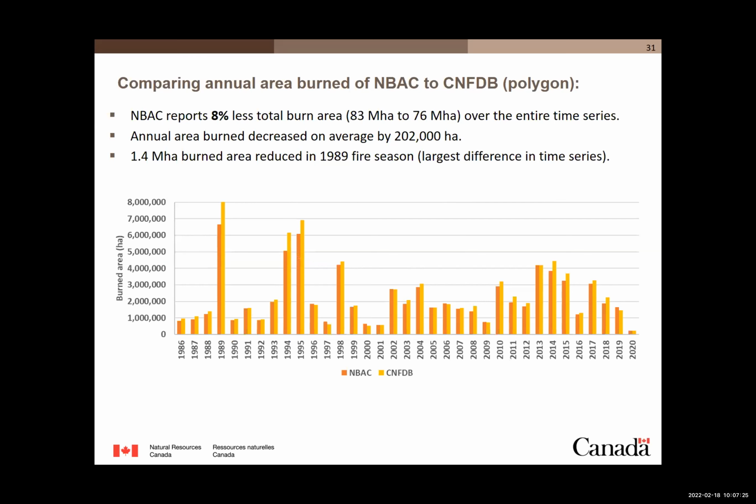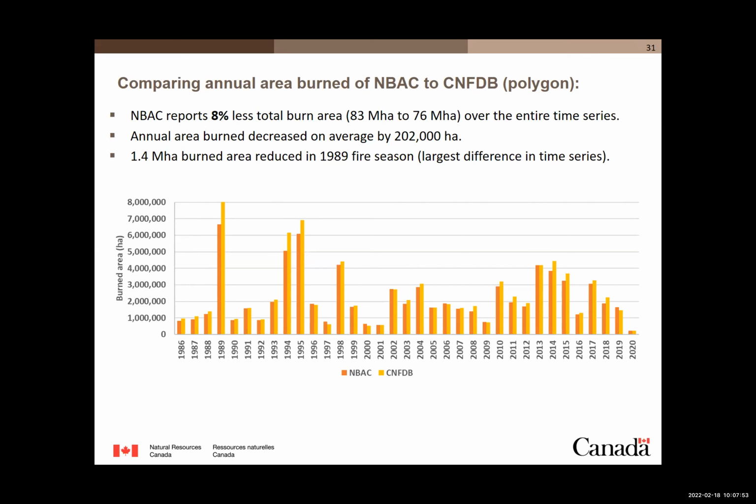Now, overall, when we compare the area burned from NBAC and the polygon version of the Canadian National Fire Database, we found that there's 8% less total burned area since 1986. And that annual area burned has decreased by about 200,000 hectares per year with NBAC. The years with the largest amounts of burned area had the largest reductions.